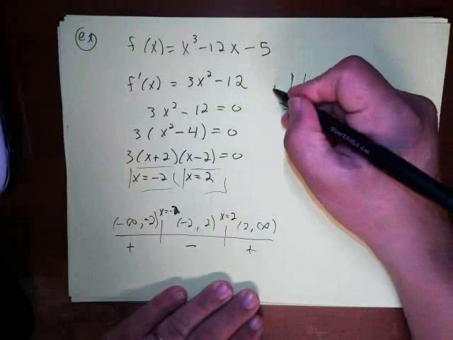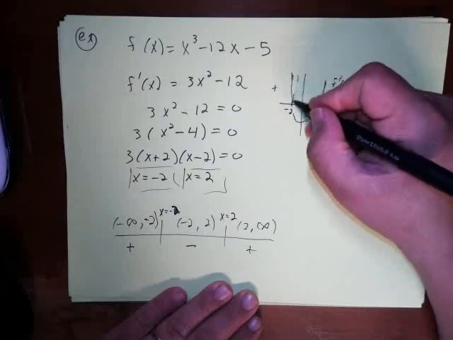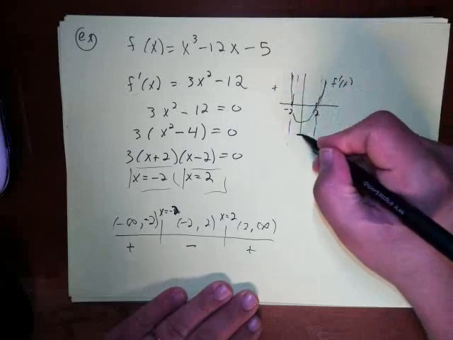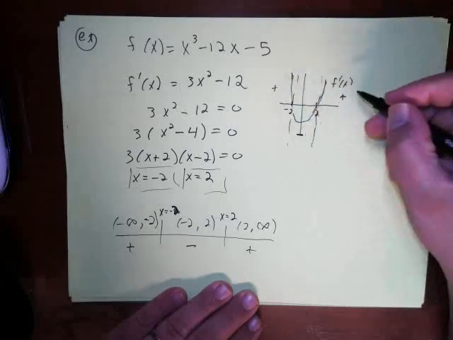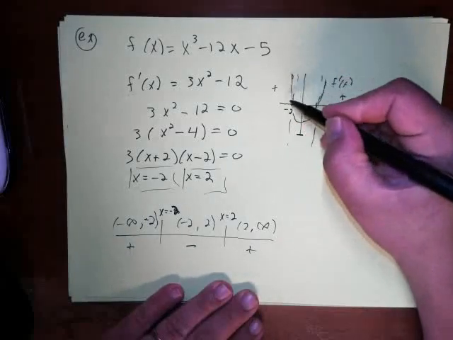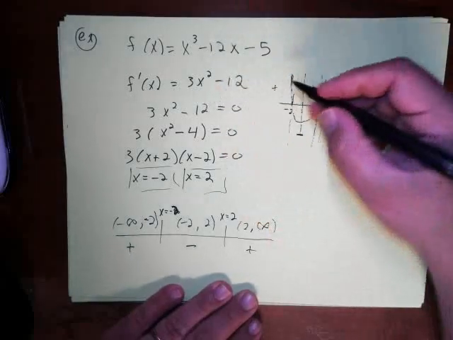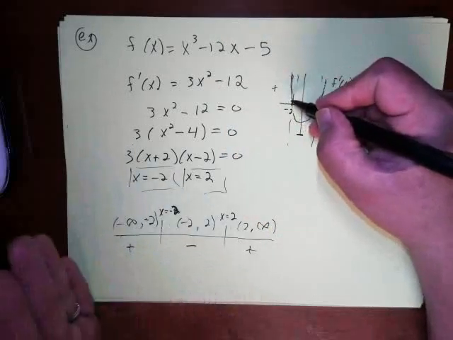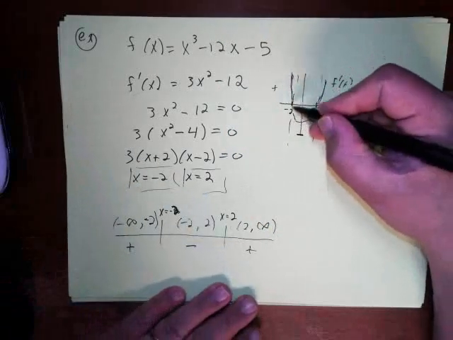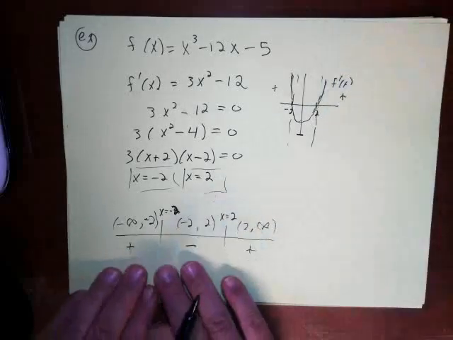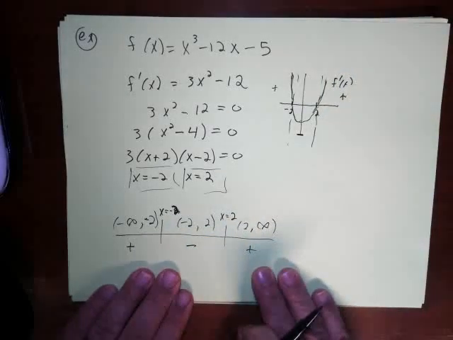Clearly it's positive here, negative here, and over here it's positive. So just by telling if the derivative is above the axis, I could even graph the derivative. I'd find the zeros; wherever it's above the axis, it's positive, wherever it's below the axis, it's negative, and so on. So that's another way you can find this.